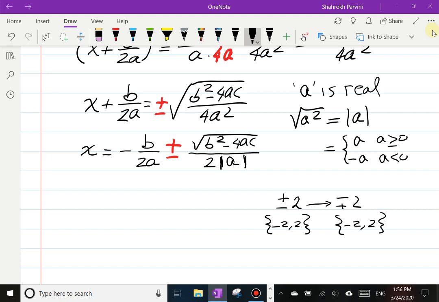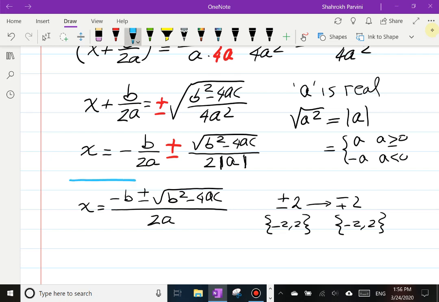Okay. So as a consequence, what I'm about to do, I'm allowed because of the way the plus minus incorporates with the absolute value. So all said and done, I'm going to write this as x equals negative b plus or minus the square root of b squared minus 4ac, and then all of that divided by 2a, and that is what the quadratic formula is.